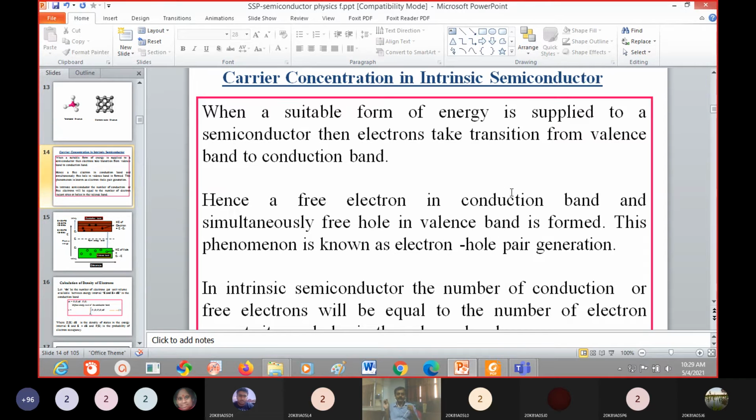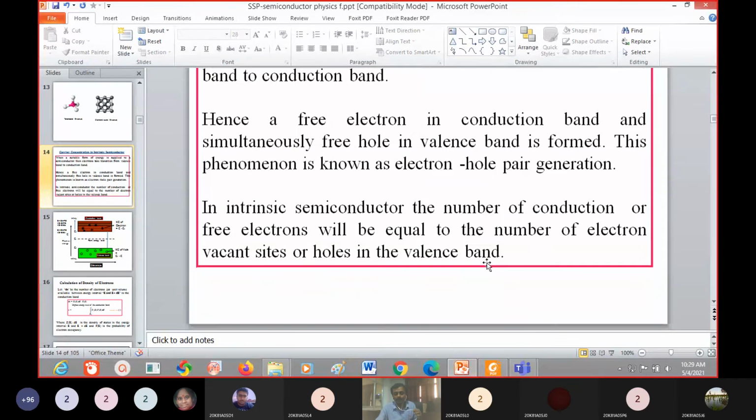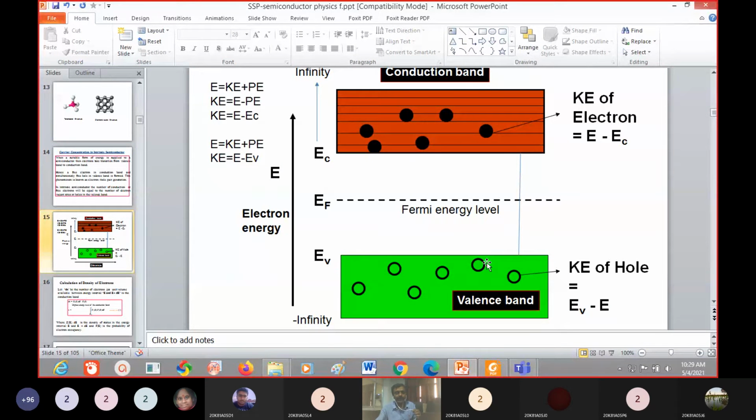In an intrinsic semiconductor, the number of electrons in the conduction band is equal to the number of holes in the valence band. So we will calculate how many electrons and how many holes will be present. Electrons are present in the conduction band, and holes in the valence band.